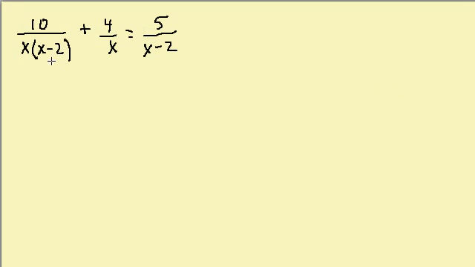Alright, so let's see what makes the denominator 0. State my restrictions. So if x is 0, then this whole denominator is 0. Or if x is 2, this whole denominator is 0. So x cannot equal 0 and x cannot equal 2.